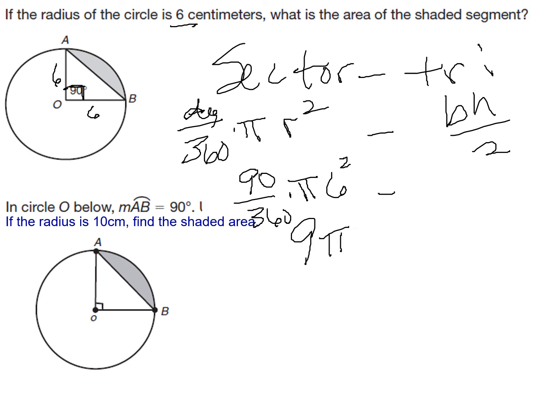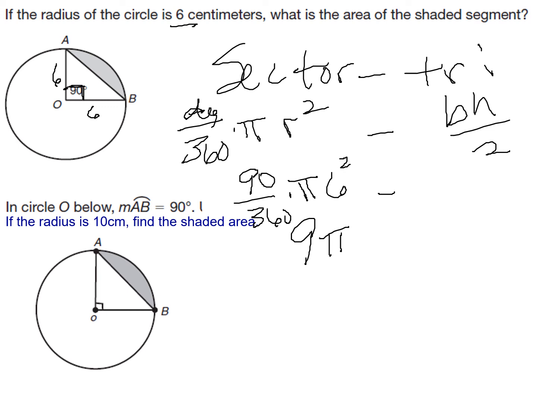Then your triangle, we're going to take it away, and that's going to be less. See, when you do the whole sector, a sector is this whole thing like a piece of pie. But if you take away the triangle, you get just the segment left over right there. I took away the triangle.